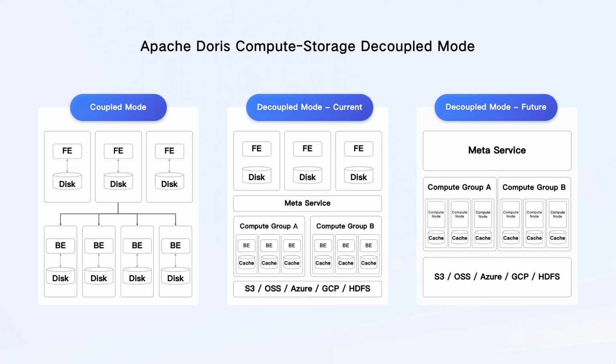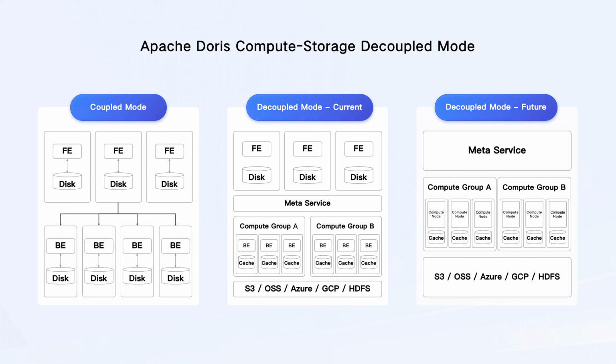A common question we get from the users is, what does the meta service component do here? Well, as you can see in the right diagram, our long-term goal is to make FE completely stateless. Currently, we are working to streamline FE, making it lighter and eventually merging it with BE into a unified stateless compute node.